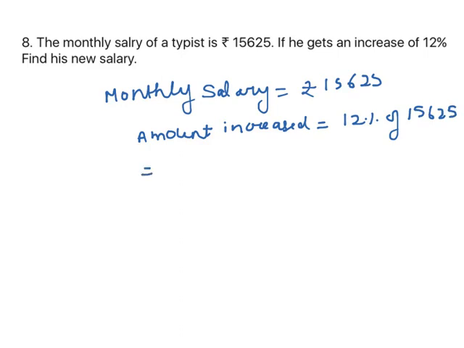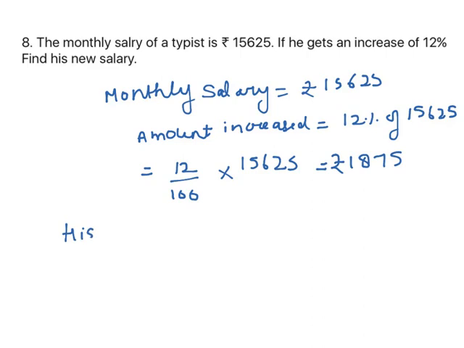So it means we have to find out 12%. So 12 divided by 100 times 15625, and when we simplify it we will get 1875. So it means rupees 1875 has been added to his salary. So now to find the new salary, we will add 1875 to his monthly salary.